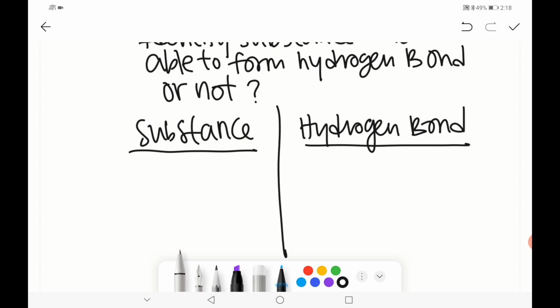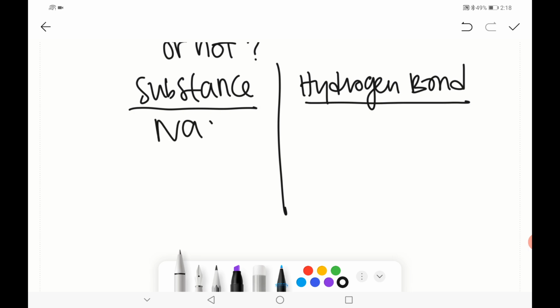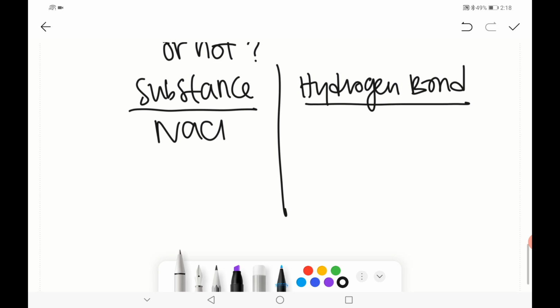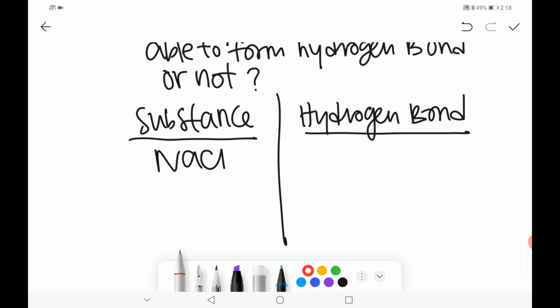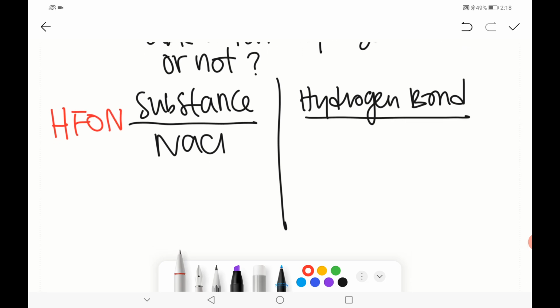The first substance is NaCl. Do you think this can do hydrogen bonding? Remember the requirement: H-FON. Can NaCl form hydrogen bonds? Nope, because it does not even have hydrogen. So cannot.